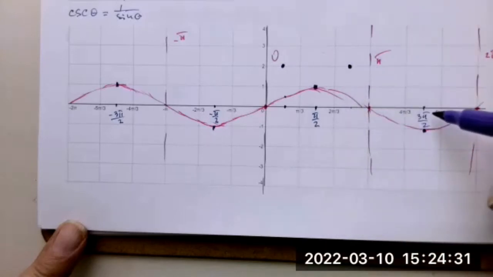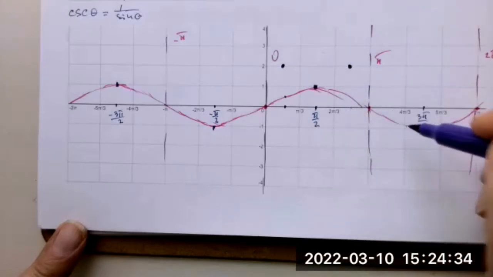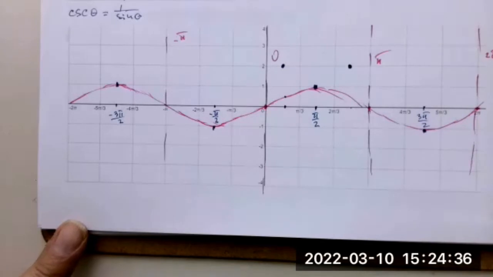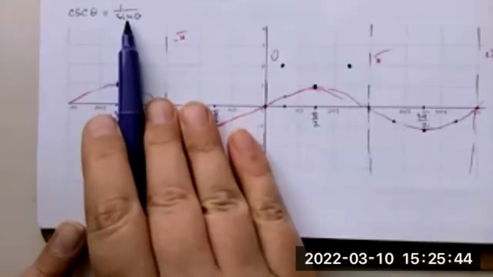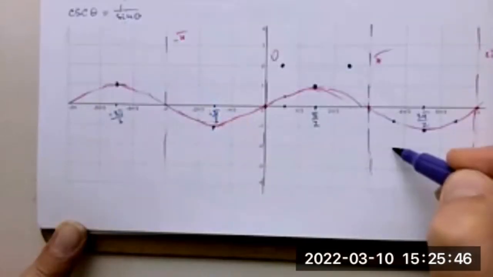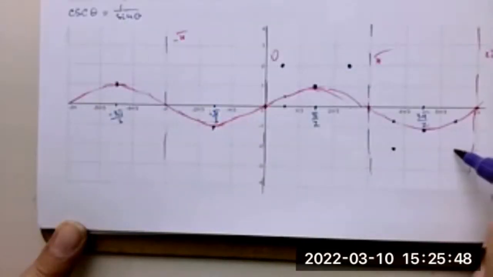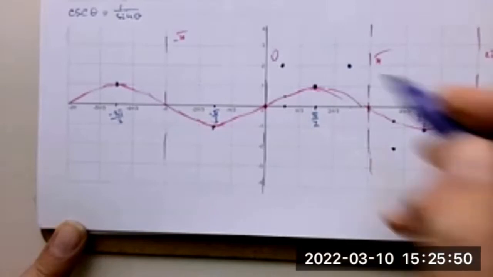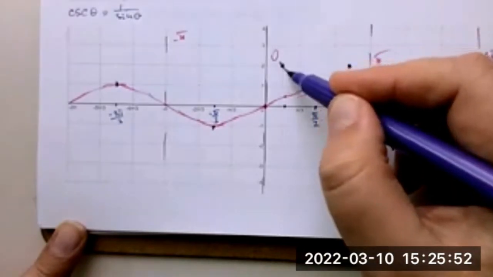And for 7 pi over 6, 1 divided by negative 1/2 is going to be negative 2. So these points are also points on the graph of the cosecant.